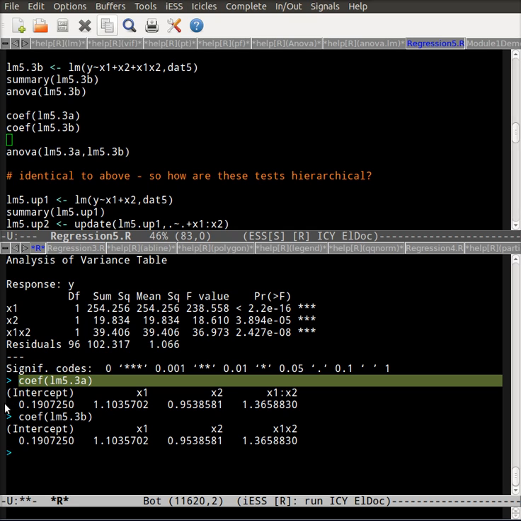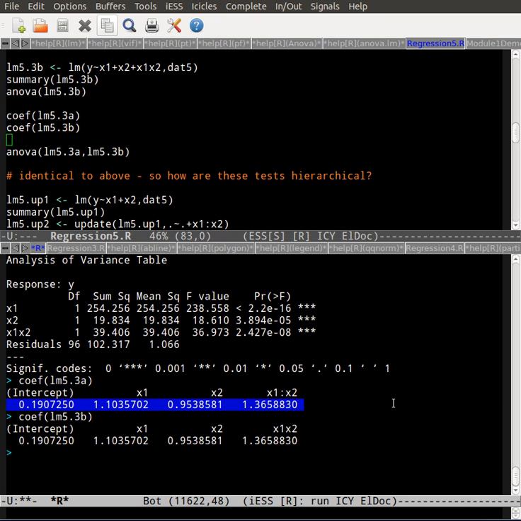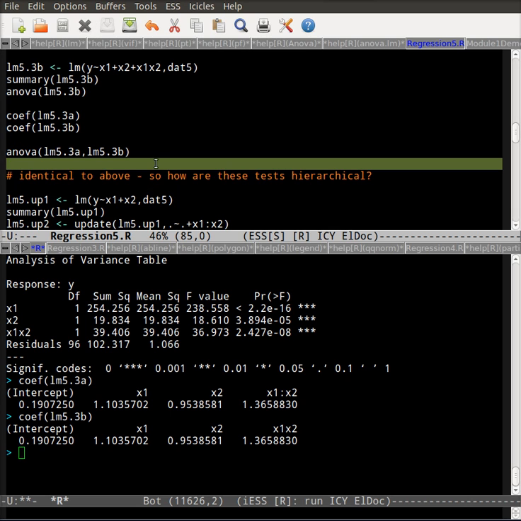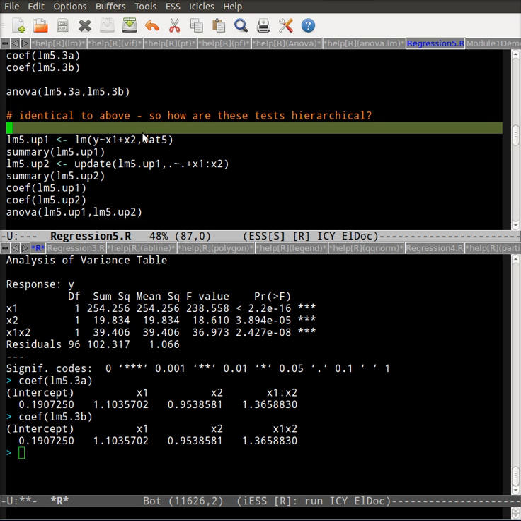These are my coefficients for specifying the interaction. Notice the colon there, and these are the coefficients for when I specify a multiplicative term. So in terms of a linear model, it really doesn't differentiate whether you say that it's an interaction or that it's just another predictor. There's no differentiation at all. So if they're identical, how are these tests hierarchical?